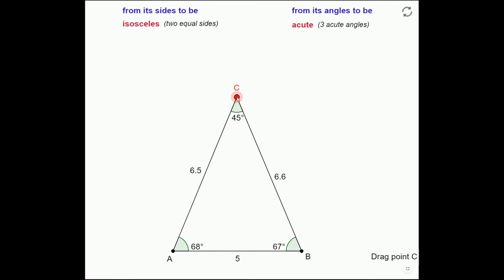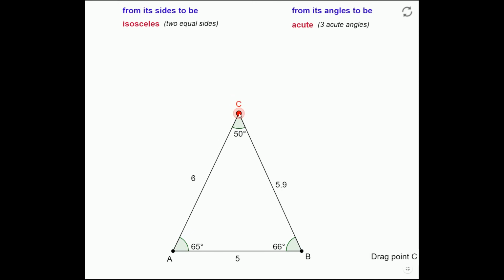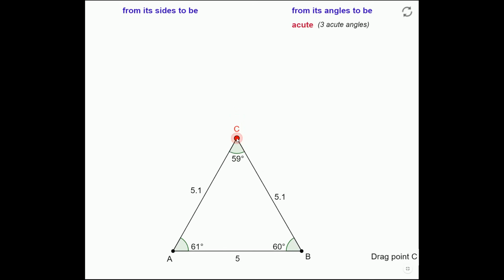Let's make it equal to 60 degrees while keeping these two equal sides at the same time. So if you notice, once this angle of the main vertex is equal to 60 degrees while keeping these two sides equal, the two other angles will remain equal to 60 degrees, and it's in fact an equilateral triangle.